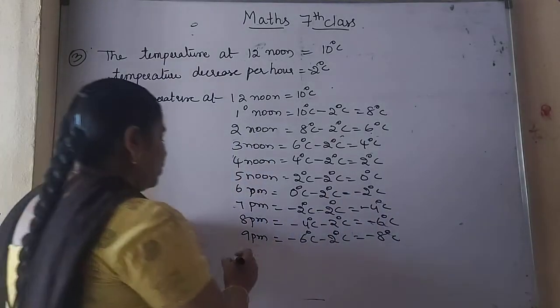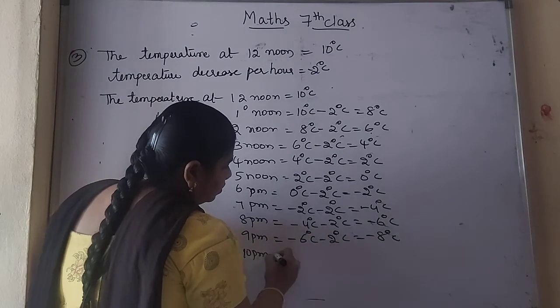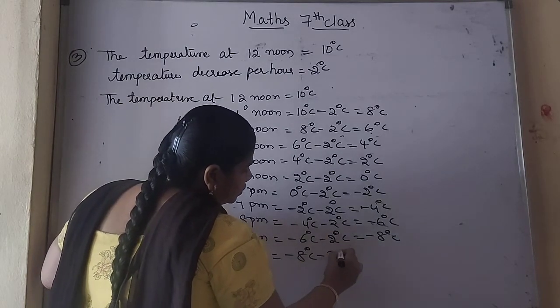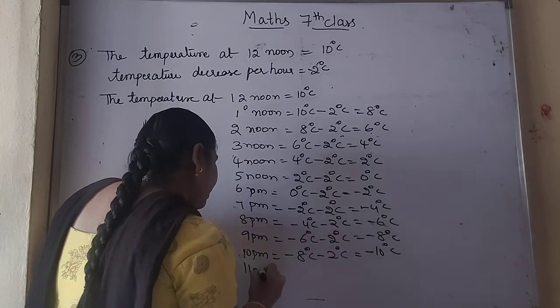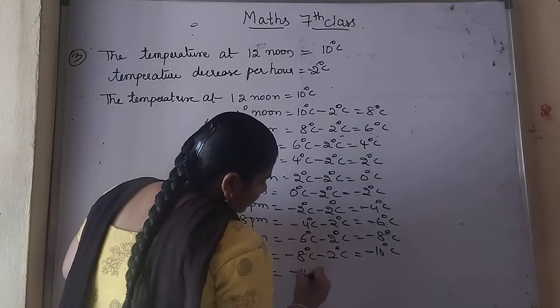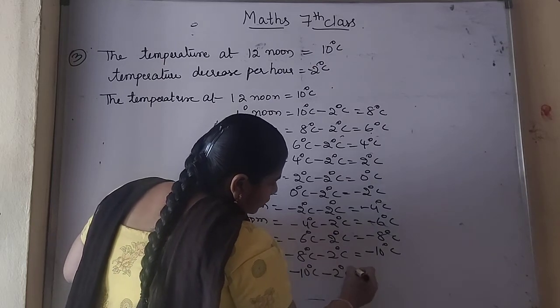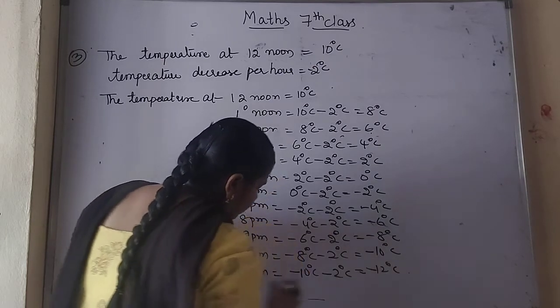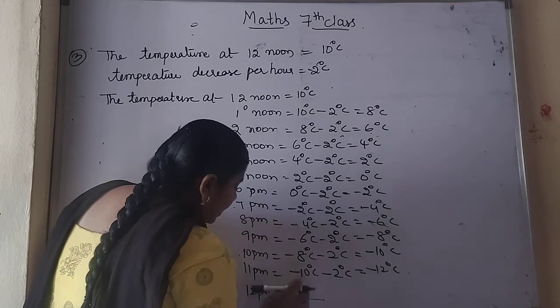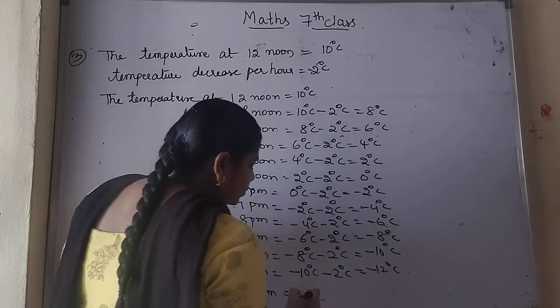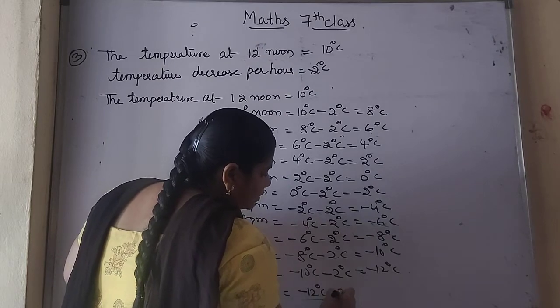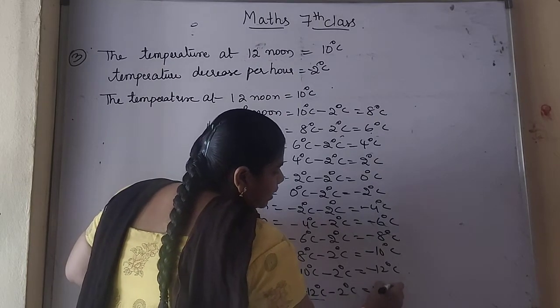At 10 o'clock, minus 8 minus 2 will be equal to minus 10 degrees. At 11, minus 10 minus 2 will be equal to minus 12 degrees Celsius. And at 12 a.m., that is midnight, minus 12 degrees Celsius minus 2 degrees Celsius will be minus 14 degrees Celsius.